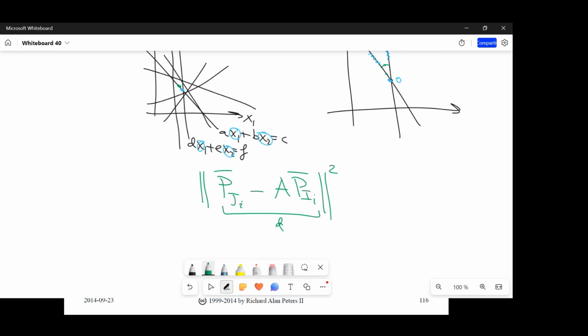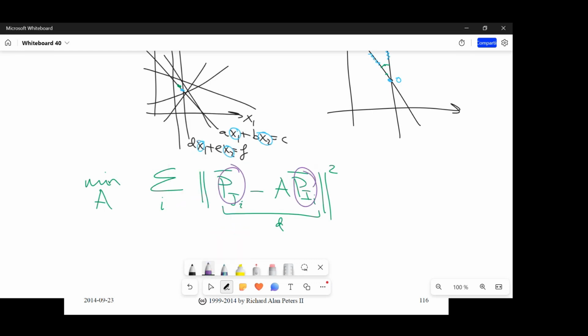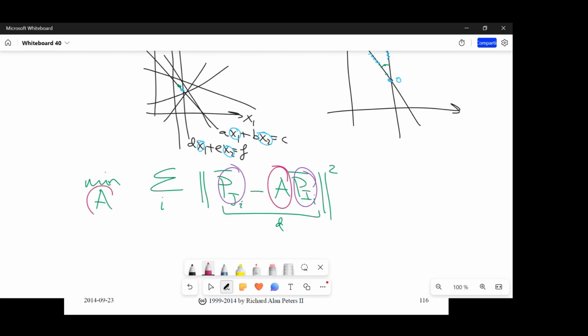And then what I want is that the sum over all pairs is as small as possible. There is no hope that I can find a blue point that satisfies everyone. But can I find a green point that is close to almost everyone? I have to minimize this with respect to A. These are given data. My unknowns are here. I have to minimize this distance with respect to my unknowns.